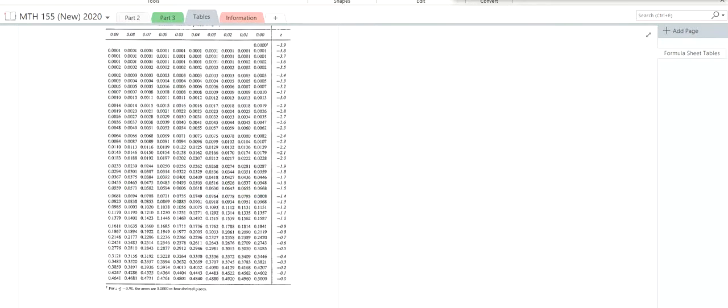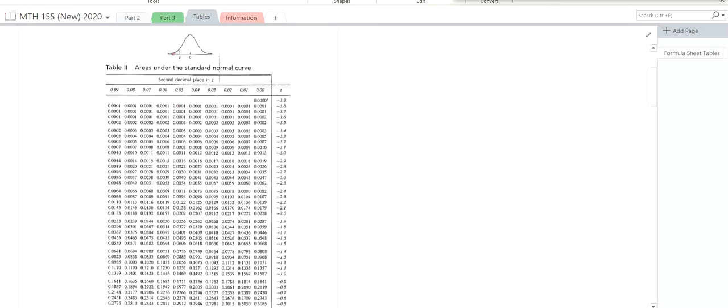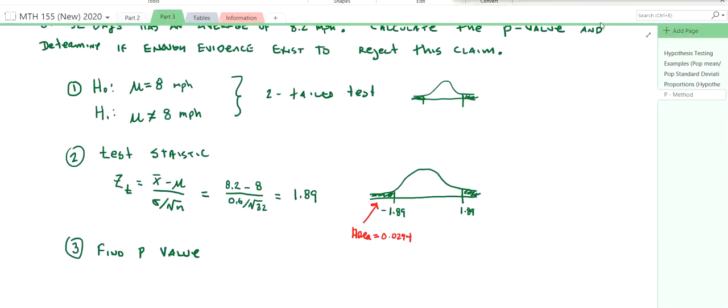I pop over to my z tables, and you can see that this gives me the area directly to the left of z. The reason I chose the negative is because I know this is symmetric. The area on the right is going to be the same as the area on the left. So I'm just choosing the area on the left. So minus 1.89 is this value here of 0.0294. So the area is 0.0294.